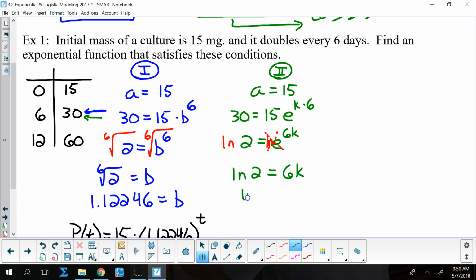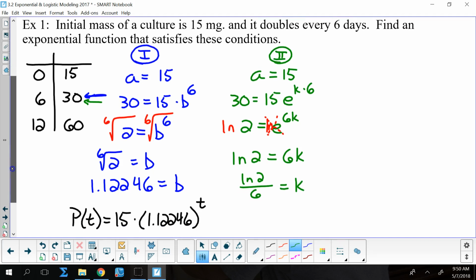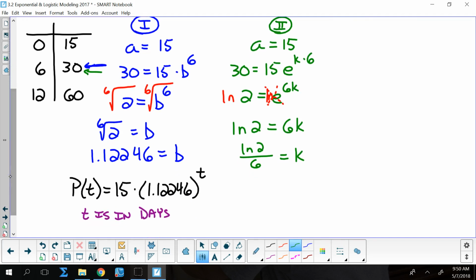So I divide that by 6, and I get k. The natural log of 2 divided by 6 is 0.115525. That is my k value.